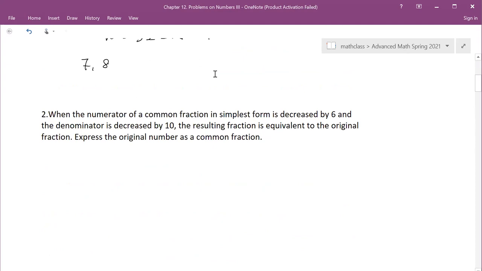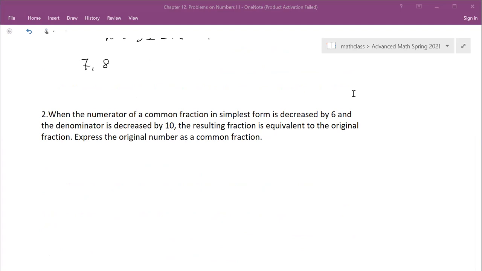So the next problem: when the numerator of a common fraction in simplest form is decreased by 6, and the denominator is decreased by 10, the resulting fraction is equivalent to the original fraction.